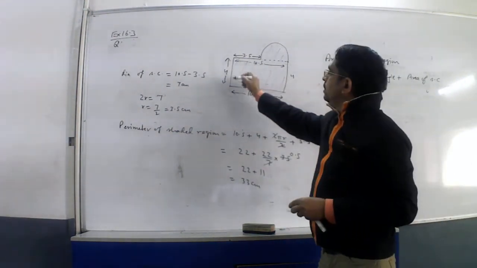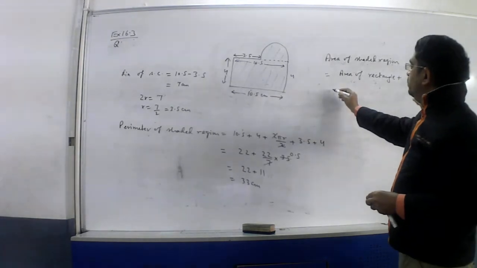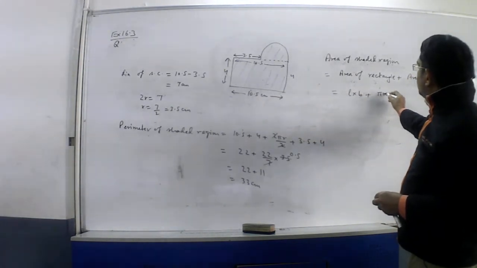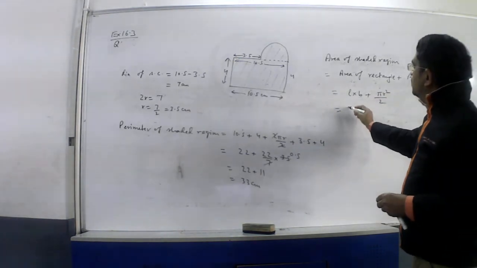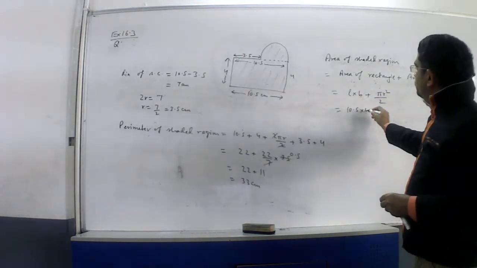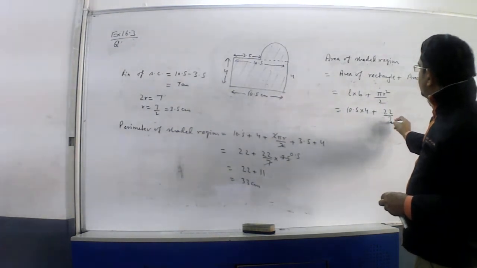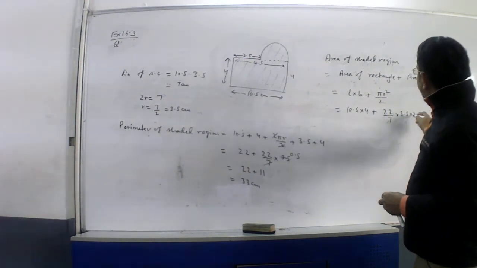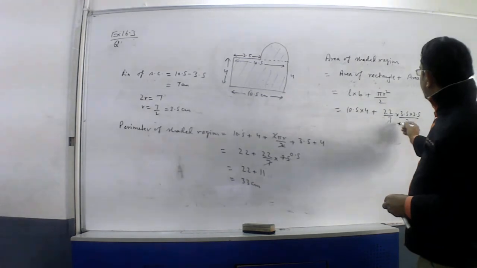This whole area plus this area of semicircle. So area of rectangle is length into breadth and area of semicircle you know is pi r square upon 2. So just put the value. Length is 10.5, breadth is 4 and pi 22 by 7, r is 3.5 upon 2. So you can simplify it.